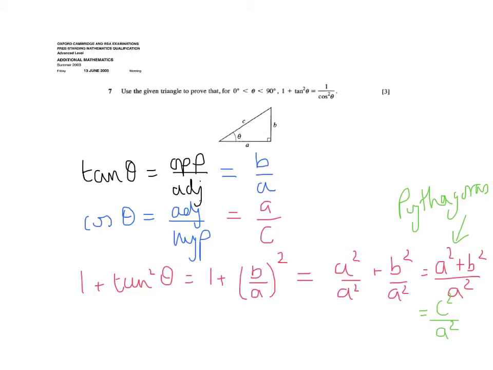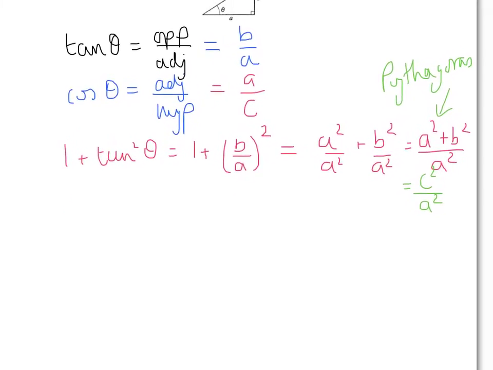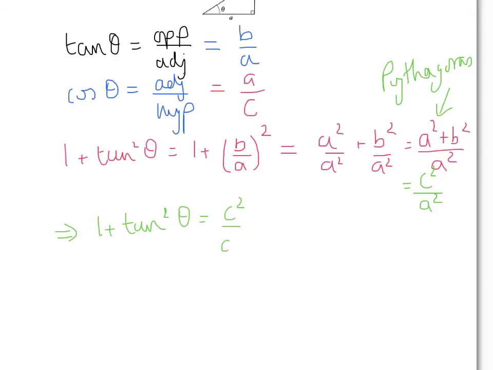Now, if we take that onto another slide, so we've got a bit more room, we'll just move up the page. Then we can say that 1 plus tan squared theta equals C squared over A squared.